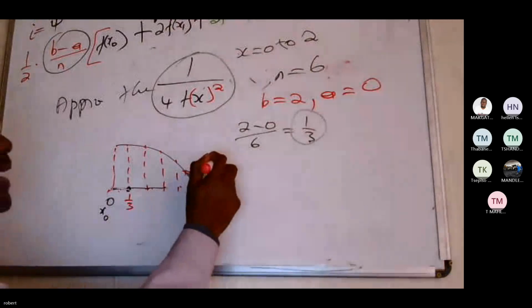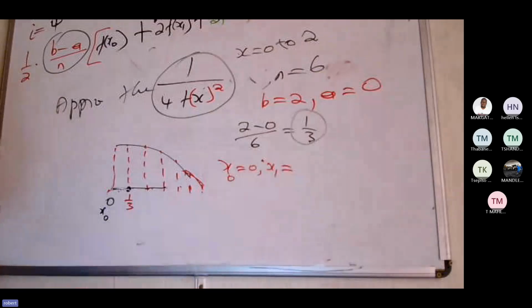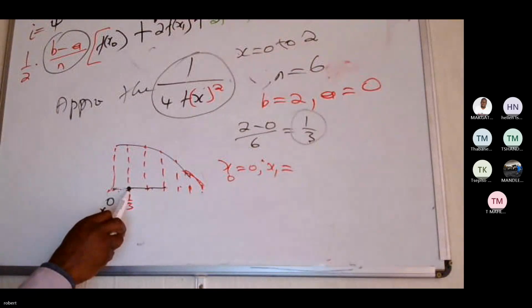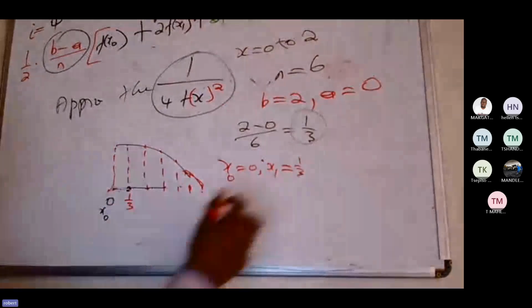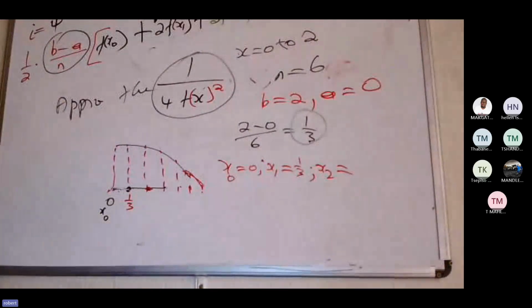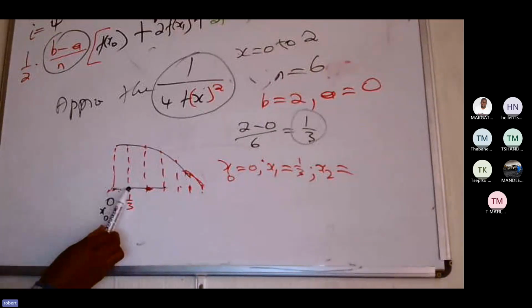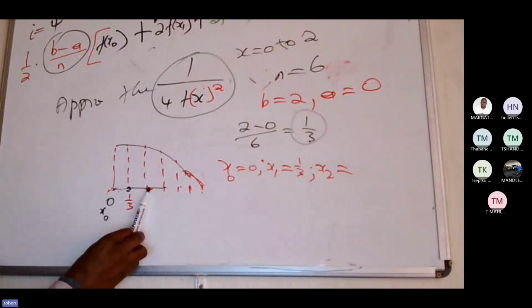In other words, x0 is 0 and x1 is 1 over 3. And what about x2? Obviously, it's a horizontal distance. Therefore, it will be x1, which is 1 over 3, plus this distance, which is also 1 over 3.